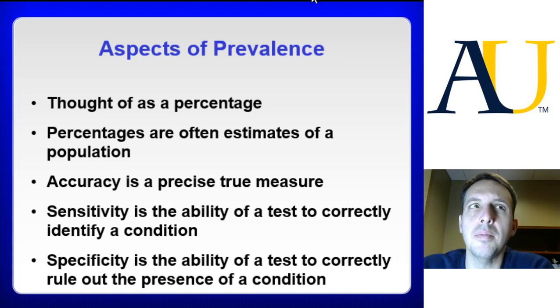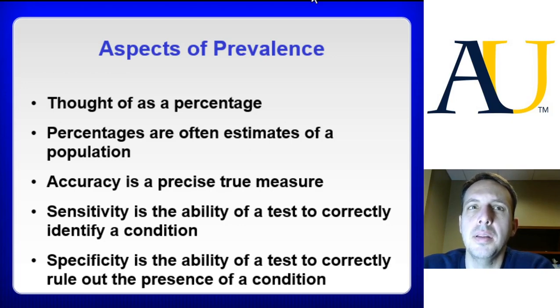But if you look at prevalence, prevalence is basically a percentage of correctness. And so we're looking to try to get a situation where we can have as much accuracy as possible. We measure those then and create these outcomes which we refer to as sensitivity and specificity.